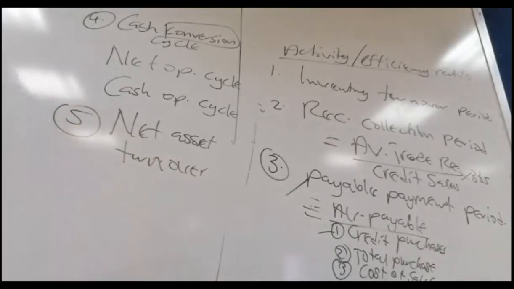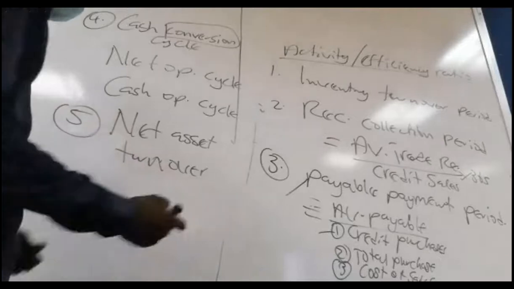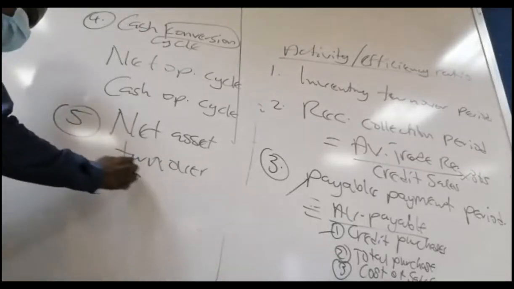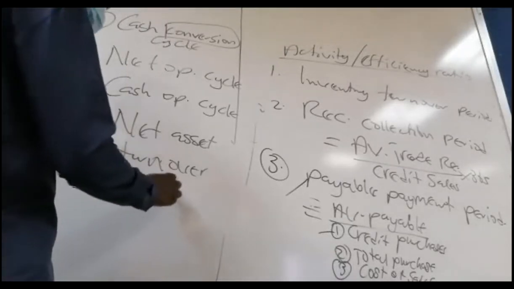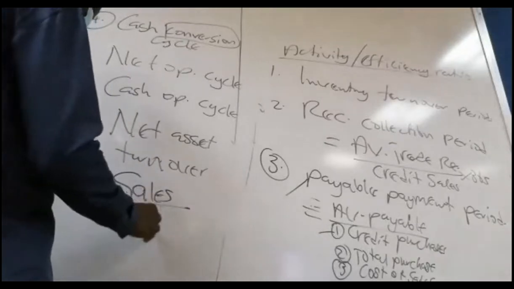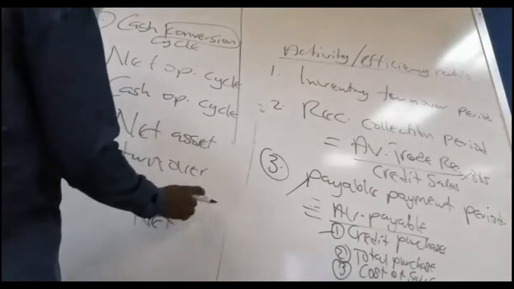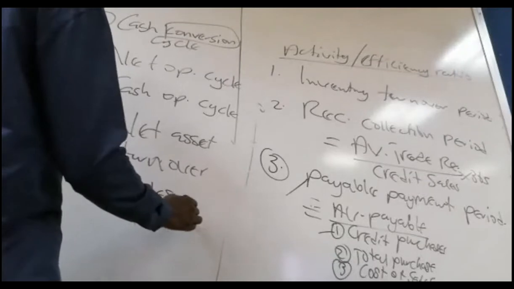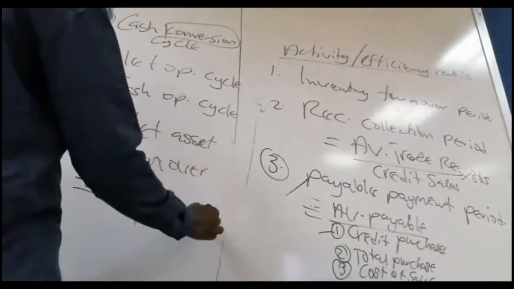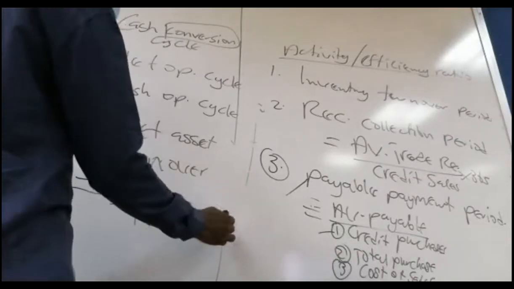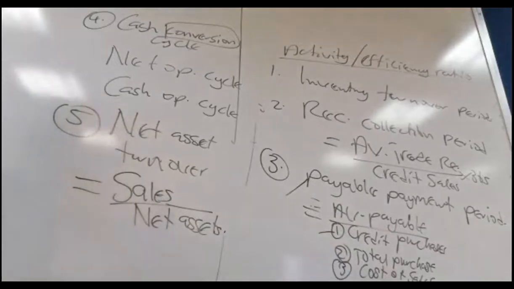But sometimes it's not like that. So the formula is equal to sales that you can generate divided by your net assets. You are done. Here we don't multiply by anything. The answer is in times.